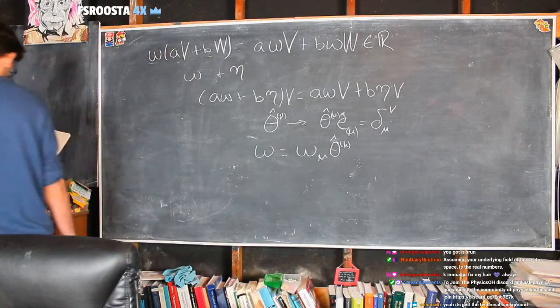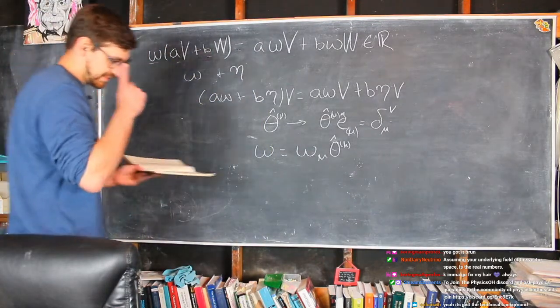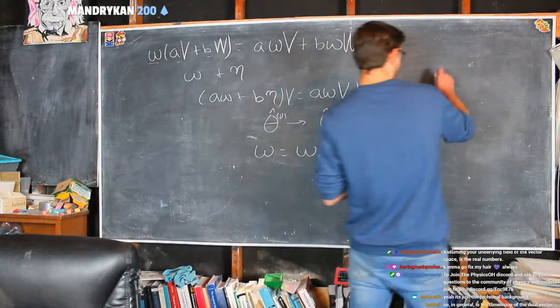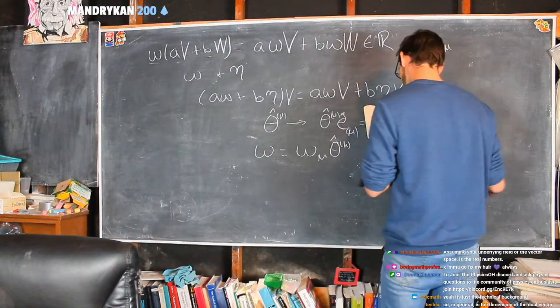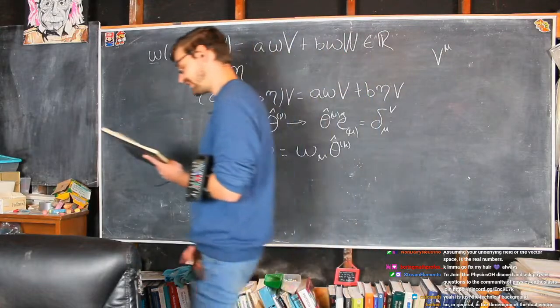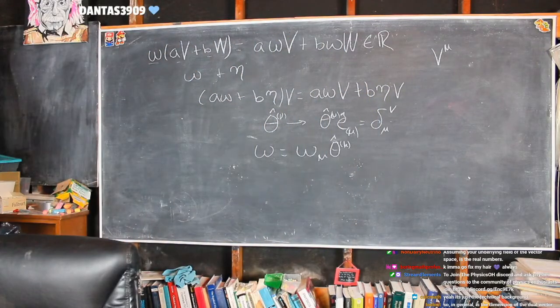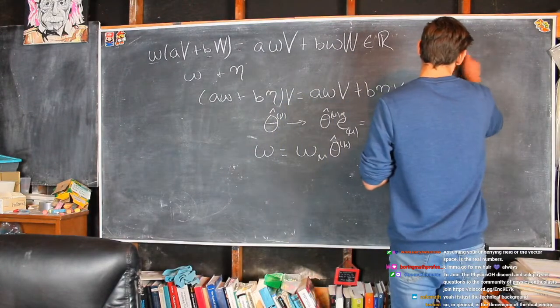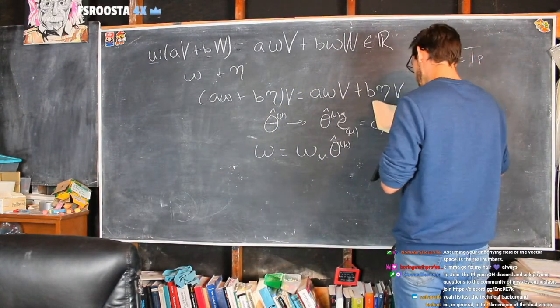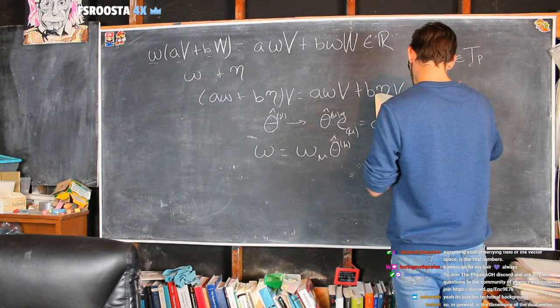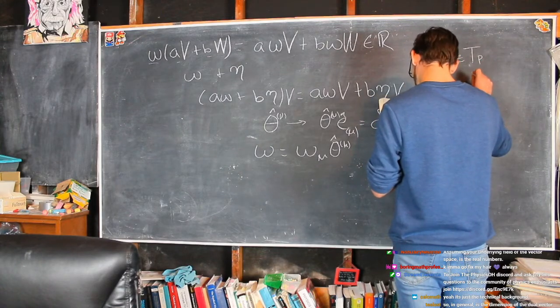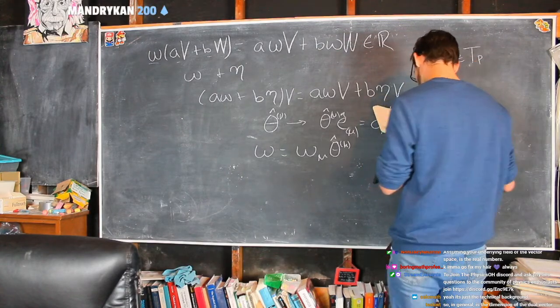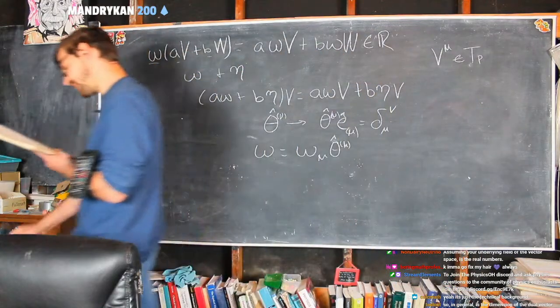So notationally, and this is just a notation thing for convenience, vectors are usually written as v to the mu. And we call them contravariant vectors.